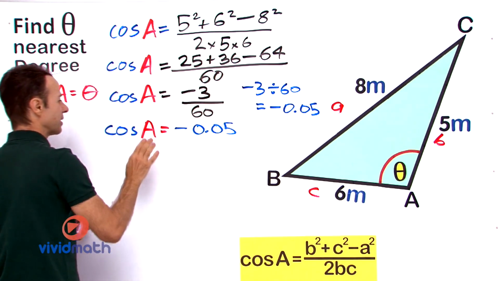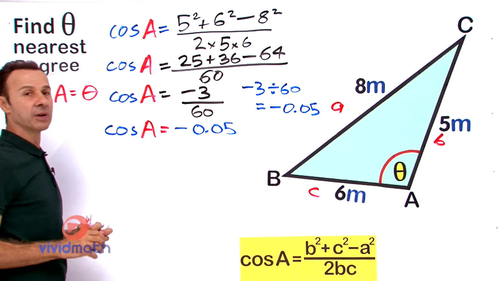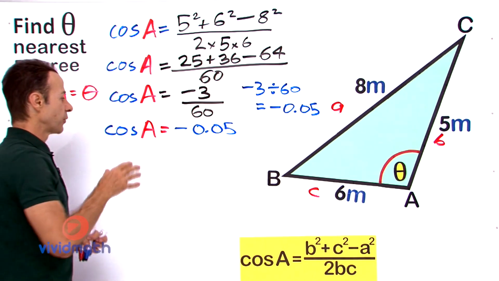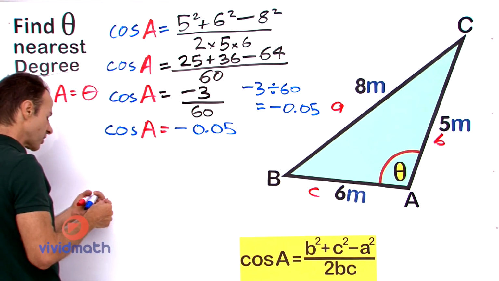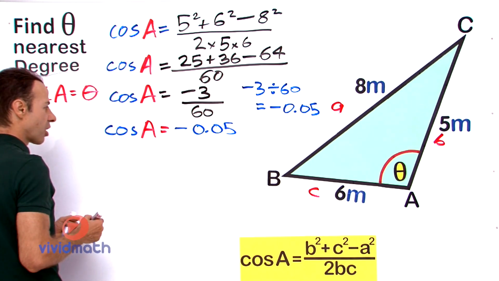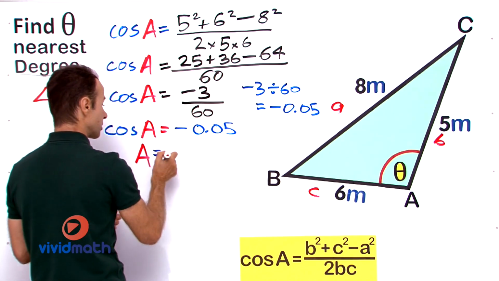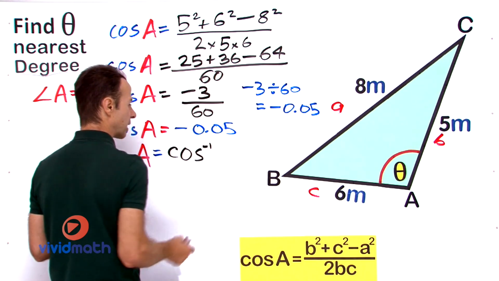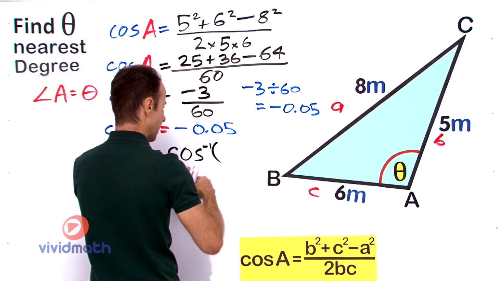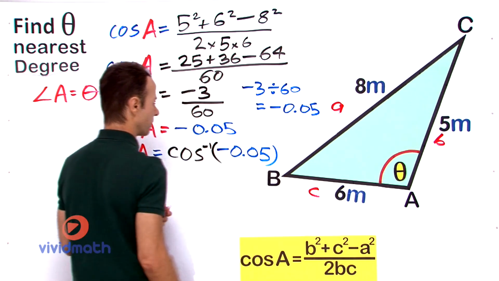So now we want to get the angle A all by itself. To get rid of the cosine in front of it, we inverse cos. If we inverse cos here, we inverse cos on the right-hand side also. Now if I inverse cos A, you're just left with A, the angle. And A, the angle, equals cosine inverse, written like that with a little negative 1, bracket, negative 0.05, close bracket.